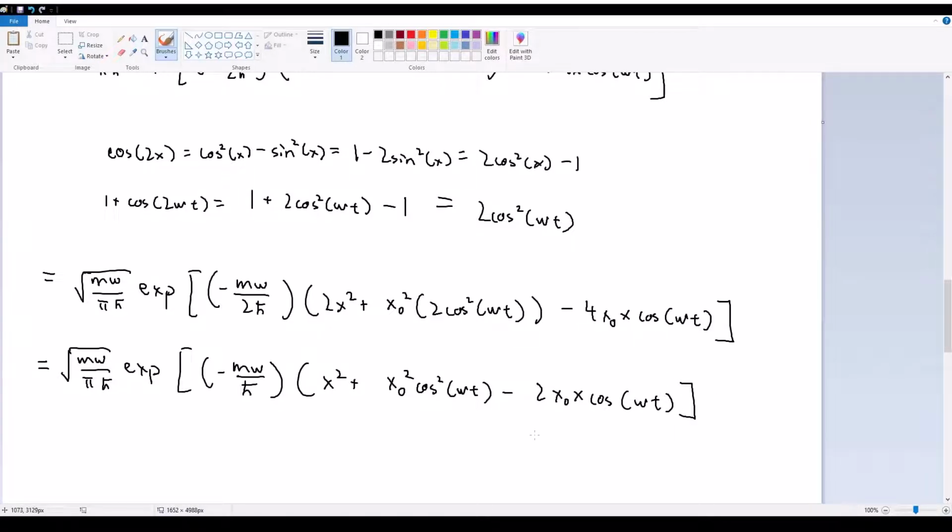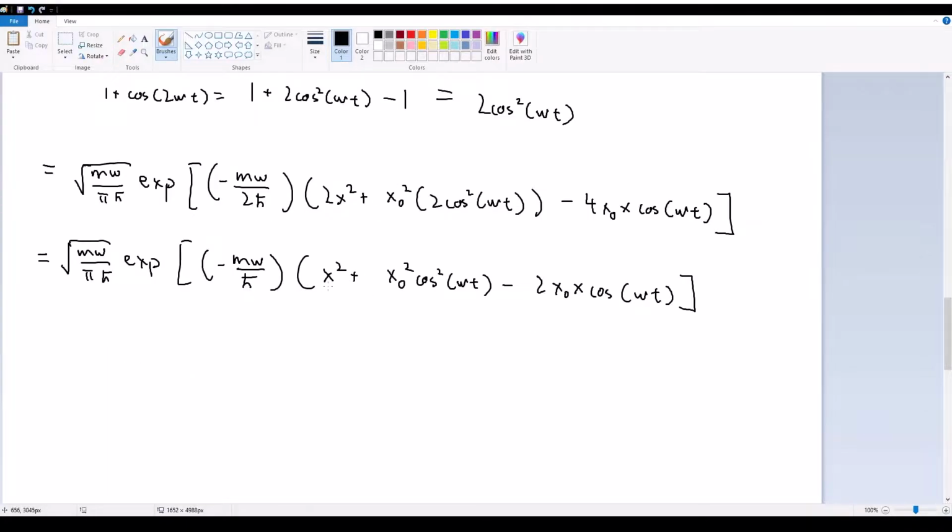And if I want to make this even simpler, let's see. Yeah, so this can be simplified even more because this is actually a binomial. You can rewrite this as just x minus x naught cosine of omega t, squared.